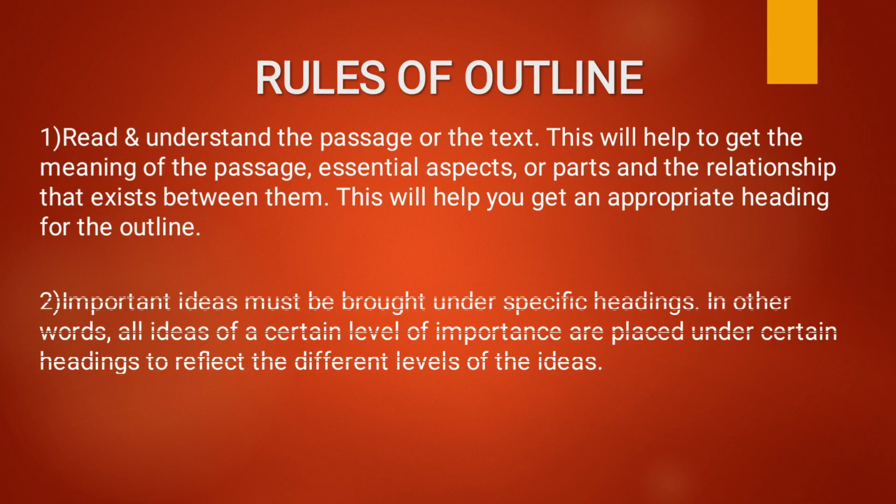If you look at what I just said, I said that make sure to look at the relationships and the essential aspects. It means that if you are not able to satisfy rule number 1, you can satisfy rule number 2.